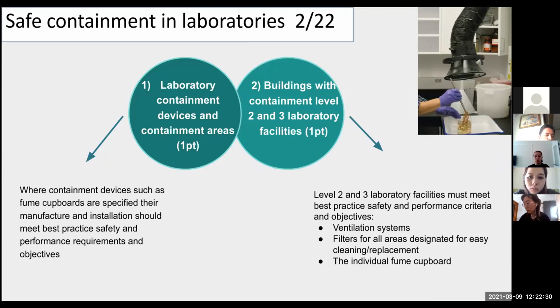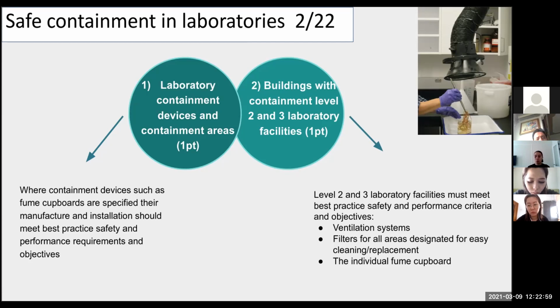For the first, all risks must be considered in the design of the laboratory, where containment devices such as fume cupboards are specified. The manufacture and installation should meet best practice safety and performance requirements. For the second indicator, we can give 1 point. With buildings, we consider second and third level laboratory facilities.